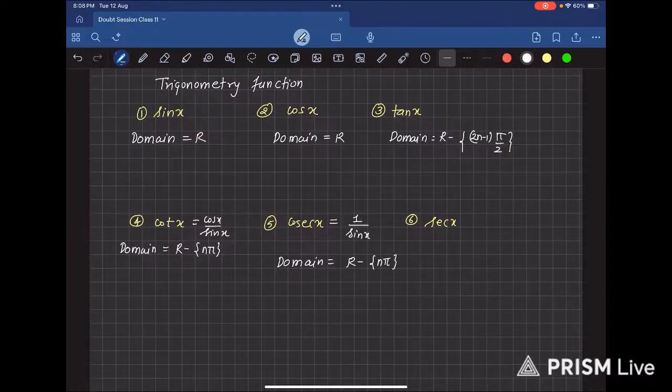Understanding? And secant x is basically 1 upon cos, where cos is 0 at odd multiples of pi by 2. So the domain becomes all real numbers, from which I will subtract 2n minus 1 pi by 2. We have to remove those values where the denominator is 0.